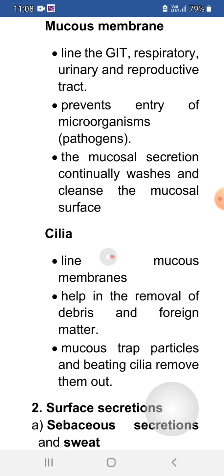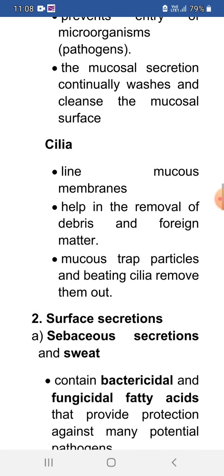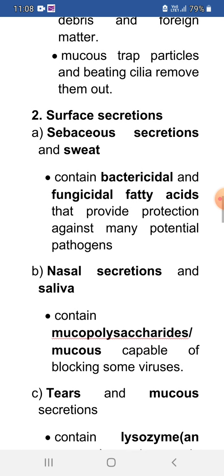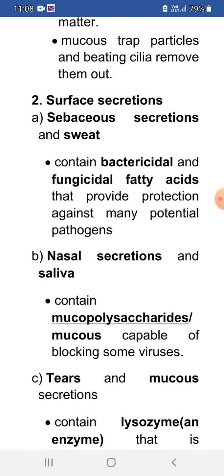But some of the mucous membrane have cilia, like in the respiratory tract. These cilia, together with mucus, trap the particles, and as the cilia beat, the particles are moved outside the body, maybe to the nostril, or they are coughed out and swallowed. When they are swallowed, they go to the gut and they are carried out.